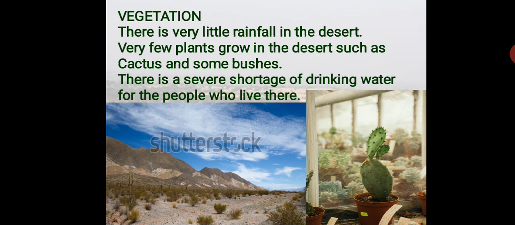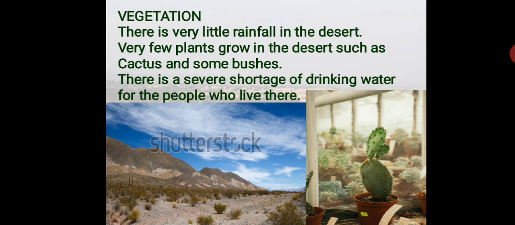There is a severe shortage of drinking water for the people who live there. Children, look here. I am showing you two categories. One is showing the dry bushes of the Thar desert and another picture is showing the available categories of cactus found over the desert.